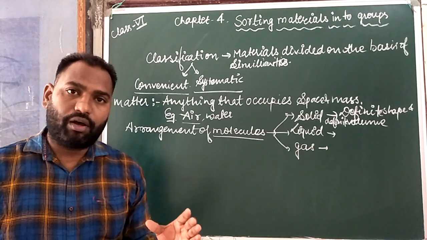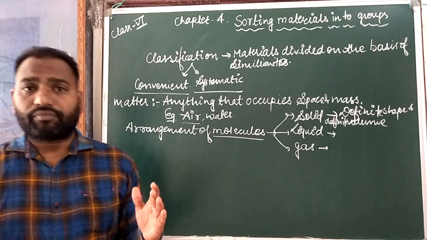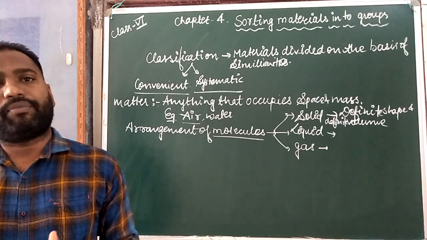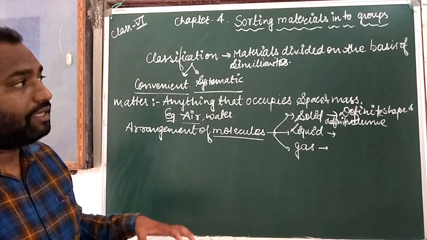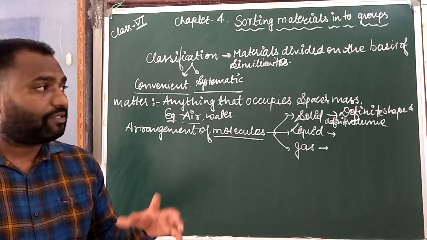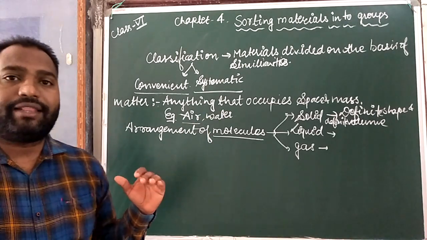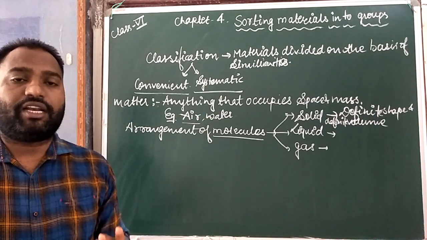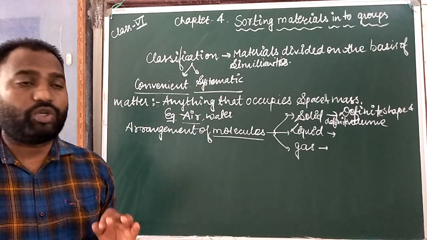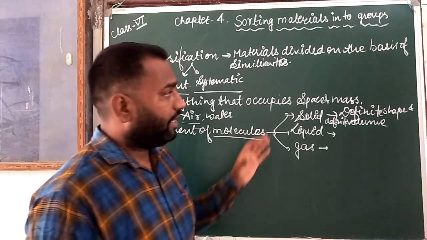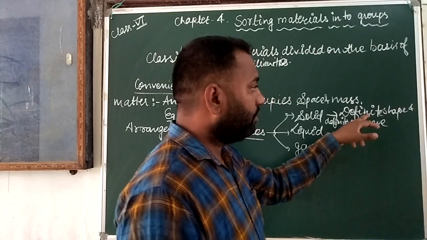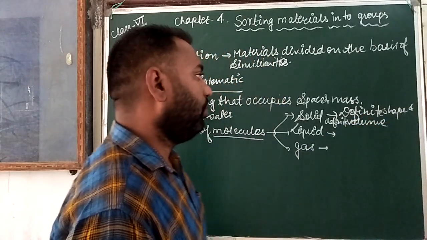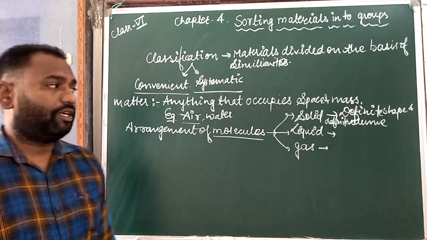And if we keep that block outside the room or anywhere else, it still has the same mass and same space, because its shape and volume are definite. It is constant. There is no change in its space and mass wherever we keep it. So that's why a solid has definite shape and definite volume.